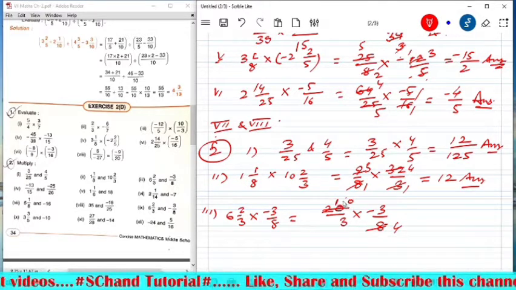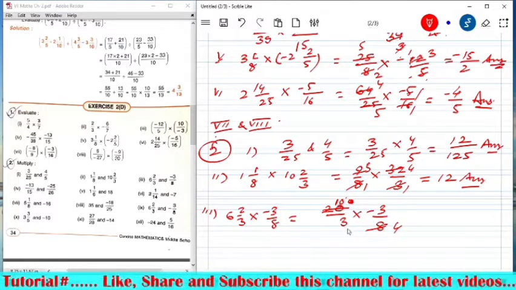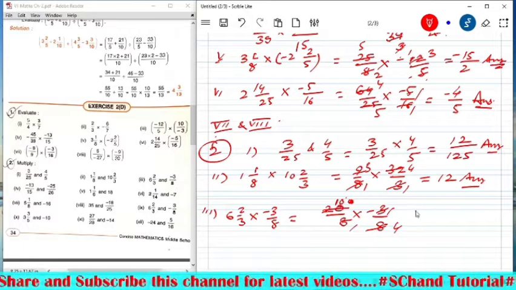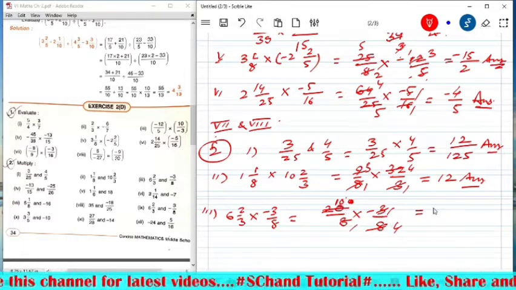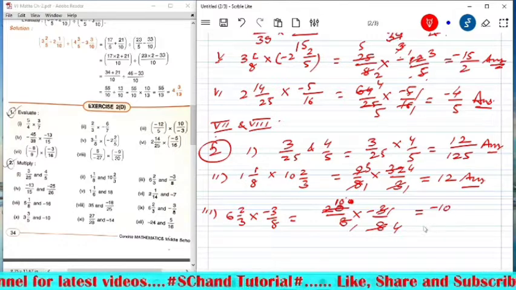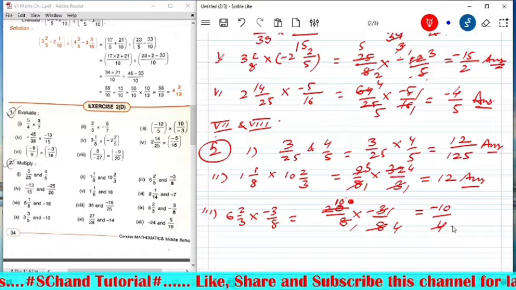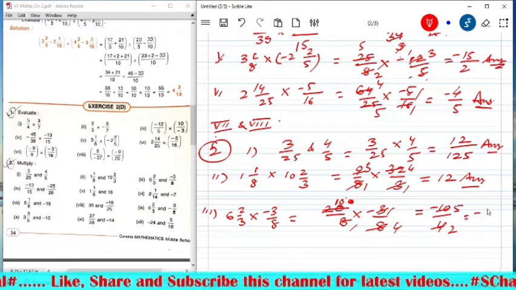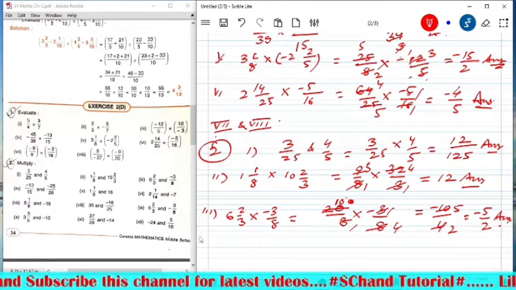Then 3 and 3 cancel. It will be 1. So it will be minus here. 10 into minus 1, minus 10 over 4, so this is also coming in the same table. 2 4s are 8 and 5 2s are 10, so minus 5 over 2, so this will be the answer.